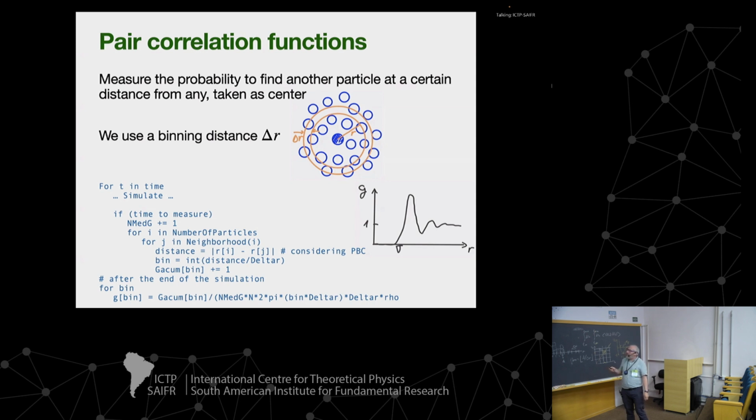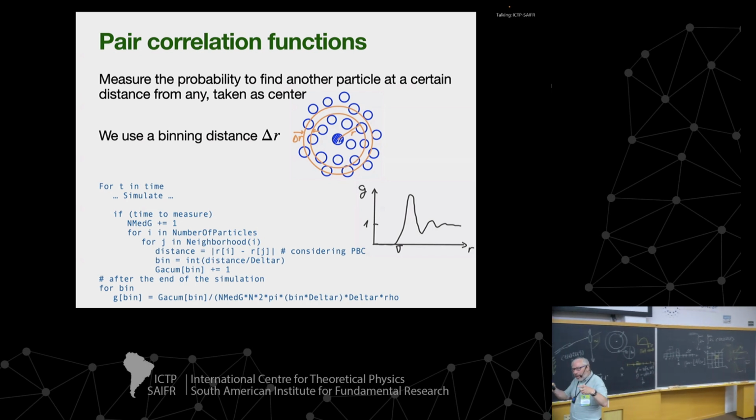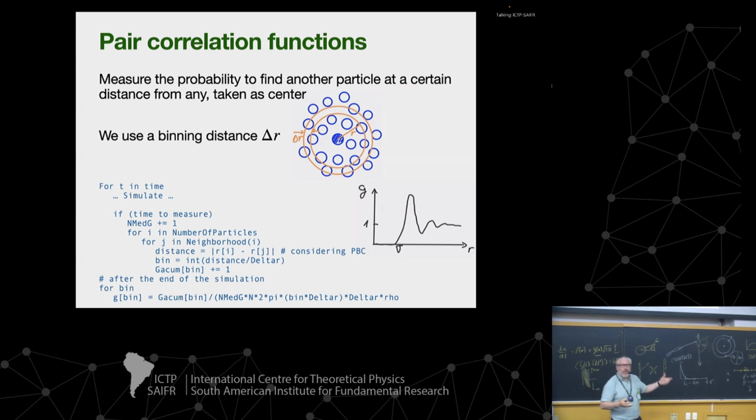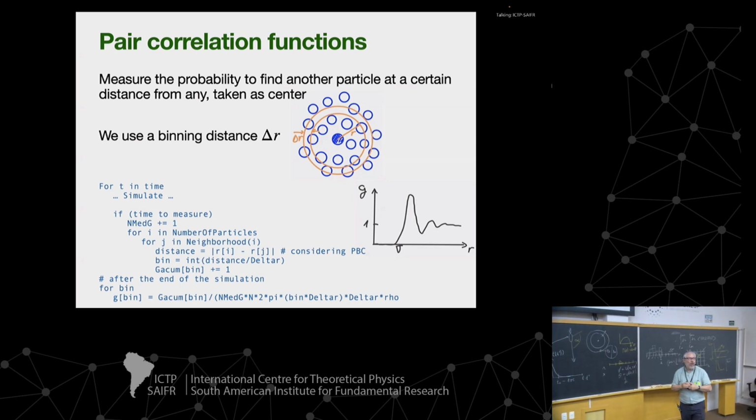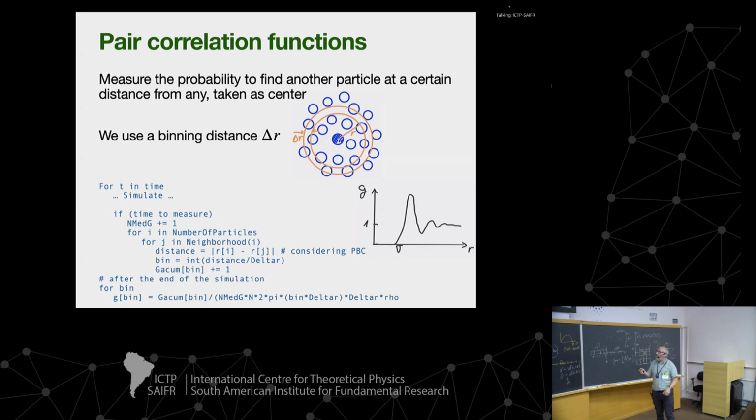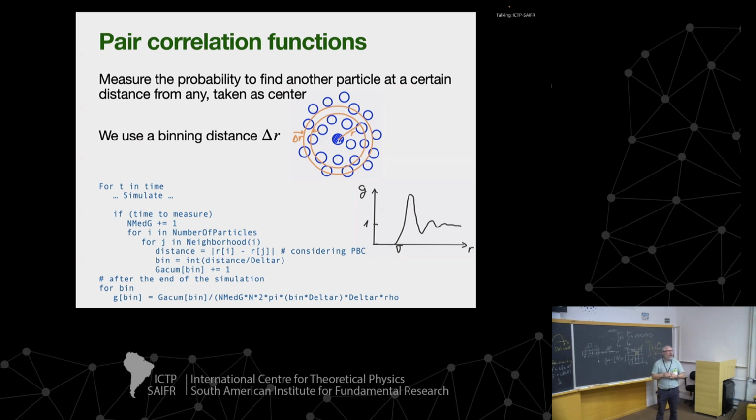Okay, so this is a drawing by hand, of course, you see it. It's not a real measurement, but this is more or less the picture for hard spheres or Lennard-Jones particles in equilibrium. I don't know if you have done this measurement and if you know the shape of G for AVPs. Any of you have done this measurement?